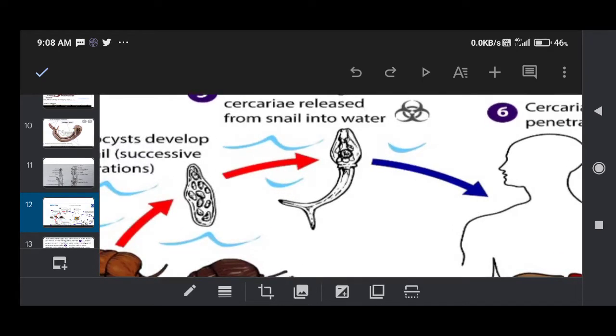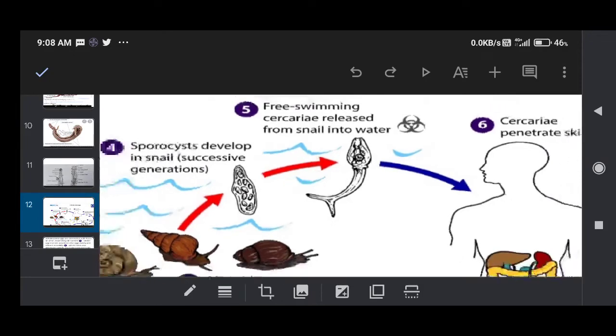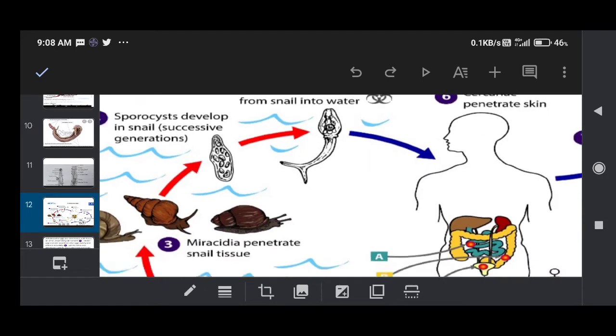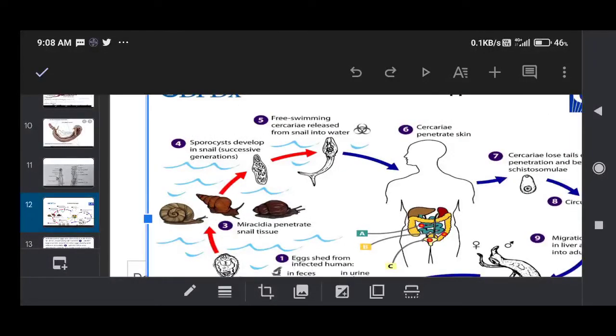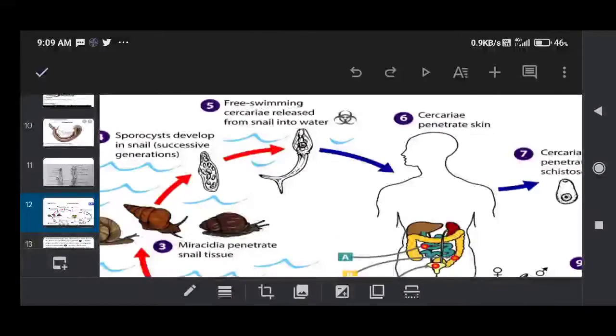Now these Cercaria larvae are released into the water from the snail, and whenever human beings consume this water, the Cercaria enter into the human being.